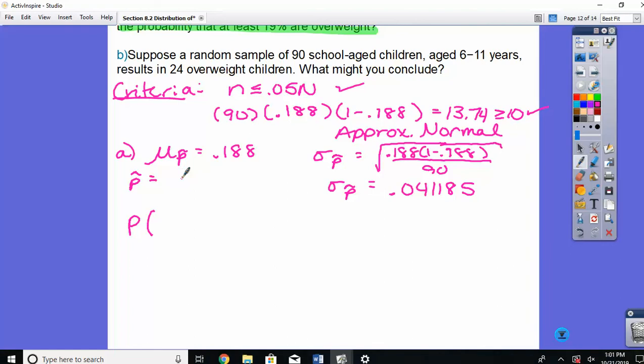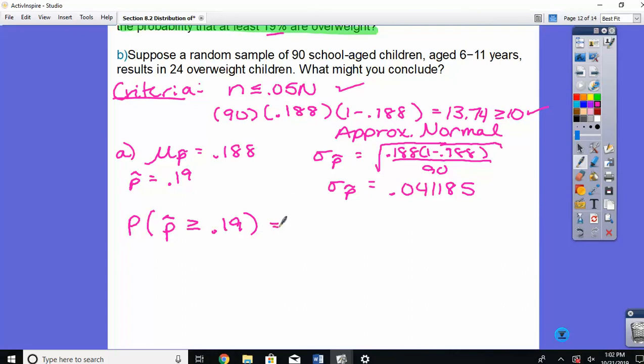Oh wait, it wasn't 90, was it? I'm looking at the wrong question in my notes. It was at least 19%, so that is our p hat, 0.19. So I need the probability that my p hat, at least means that much or more. So I need my proportion to be greater than or equal to 19%.